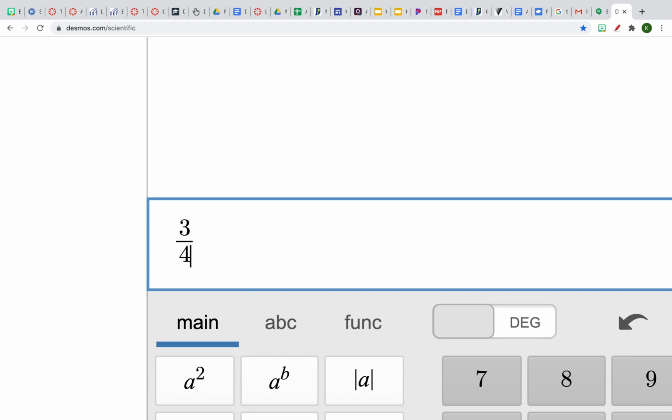Either you are going to push your right arrow over, or, so the right arrow pushes it there, and the left arrow brings it back to the fraction. You can use up and down from there. Or, you're going to use your cursor and just click on it to the side. That is the number one most important piece of putting fractions in. If you don't push that right arrow over, you're going to make a mistake.